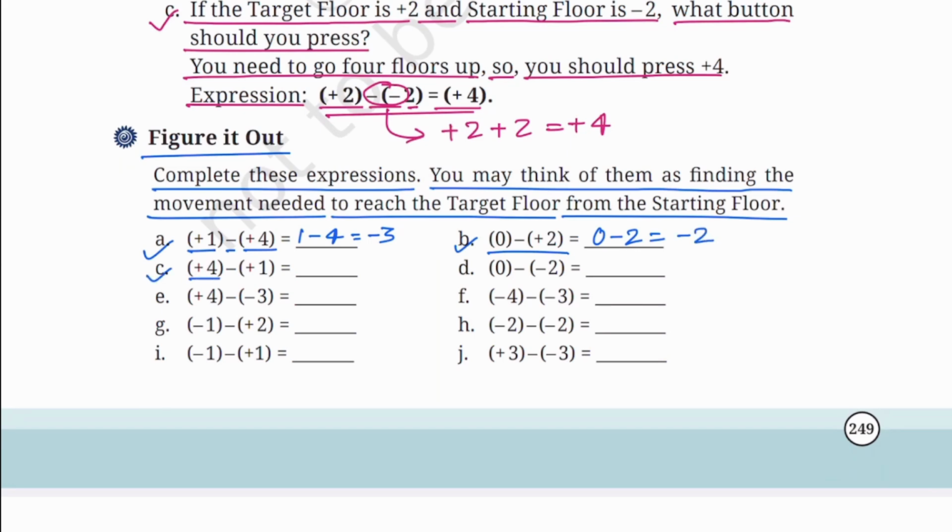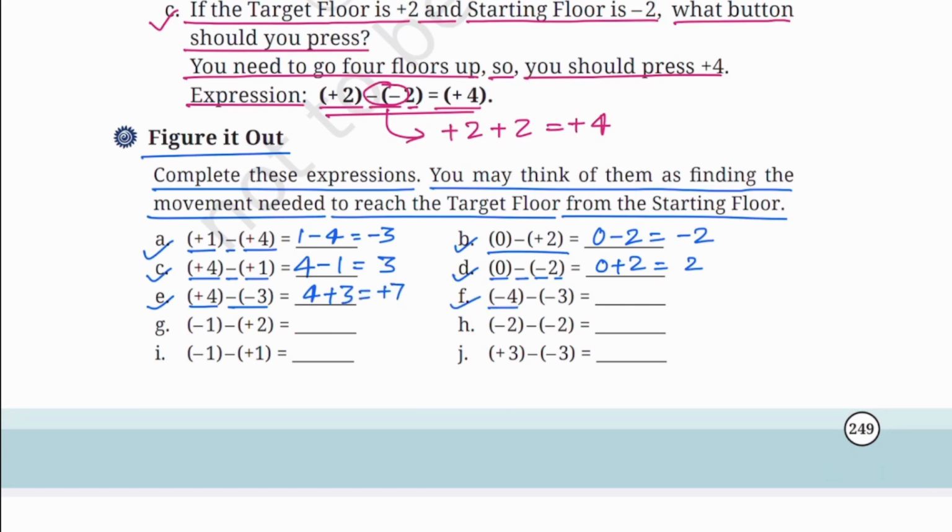C: plus 4 minus plus 1, that is 4 minus 1, which is equal to 3. D: 0 minus minus 2, that is 0 plus 2, which is equal to 2. E: 4 minus minus 3 is equal to 4 plus 3, which is equal to plus 7.